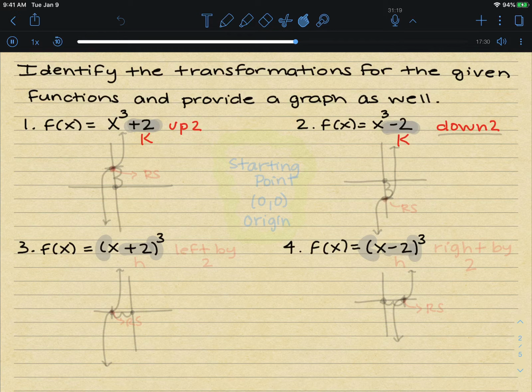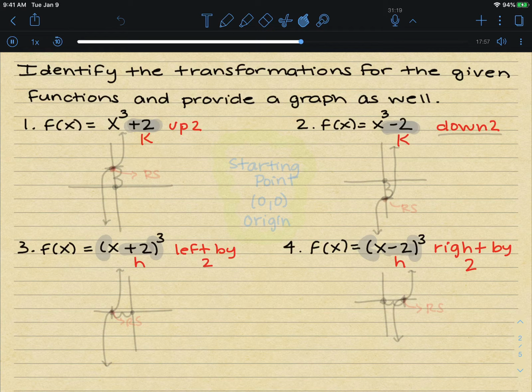Since 3 and 4 are in parentheses, this right here is H, and I have to do the opposite of H, which means that instead of going to the right by 2, I'm going to go to the left by 2. And over here, I'm going to go to the right by 2, because I always have to do the opposite for H. So now that I have that, I can easily create these functions.